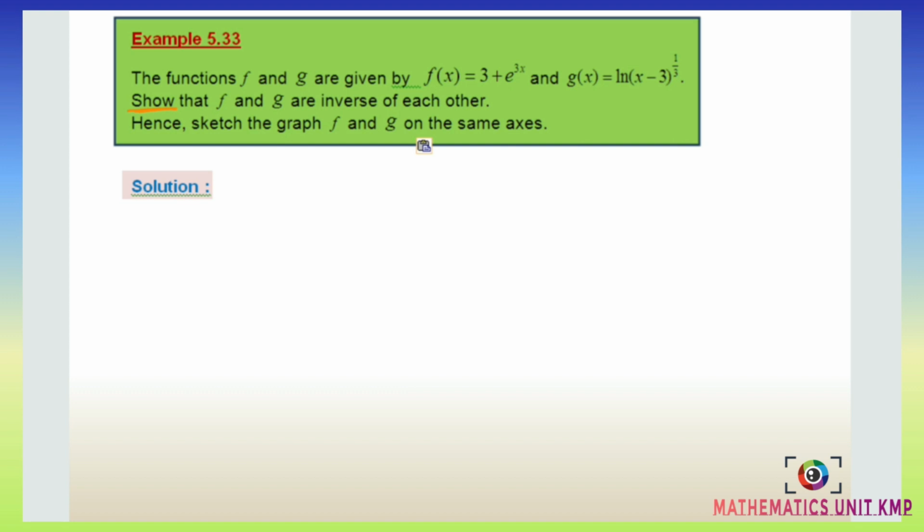How to show that f and g are inverse of each other? We can use the concept f composite f inverse equal to x. For this question, find f composite g(x), and show that it is equal to x.